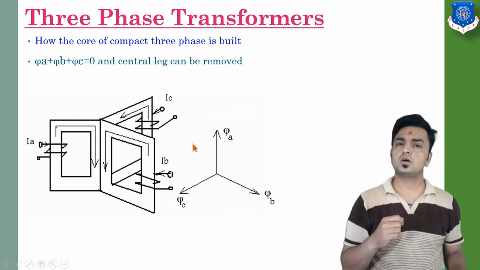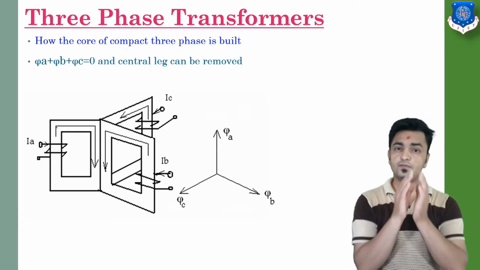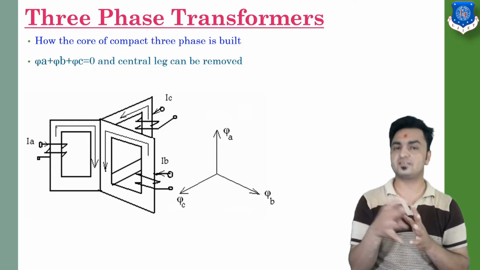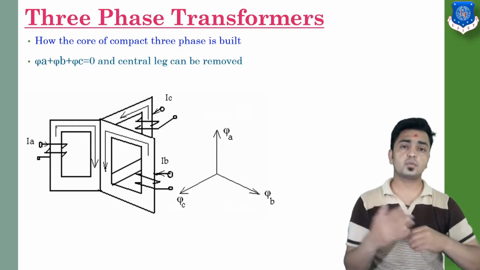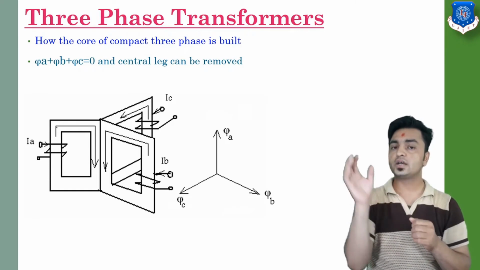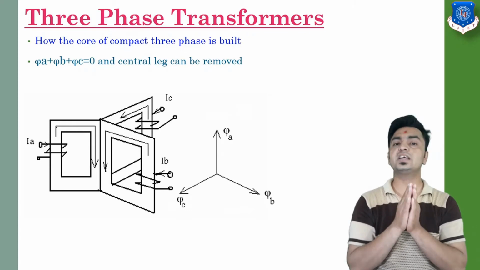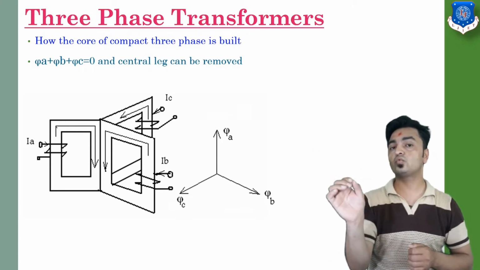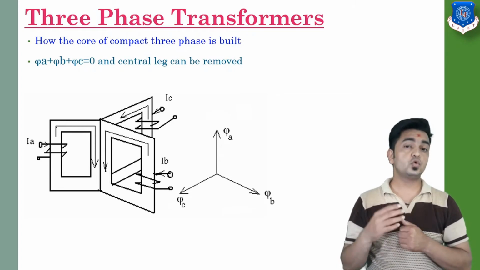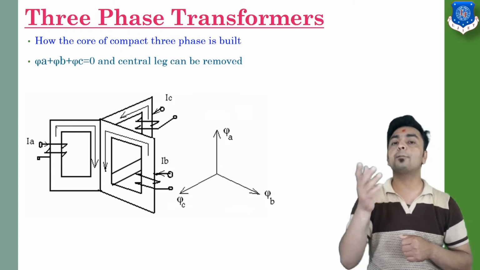As we discussed in the three-phase circuit, if we add the three components of the three phases when they are in balance, whether voltages or currents, for example the three-phase voltages VR, VY and VB, what will be the addition of these three components?